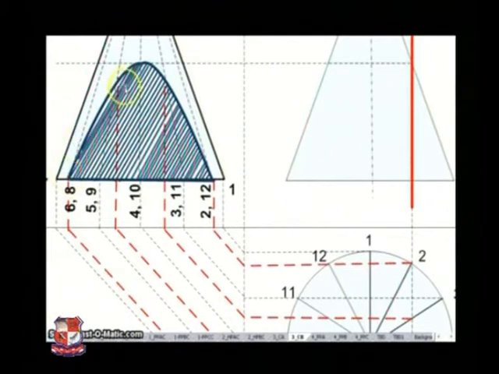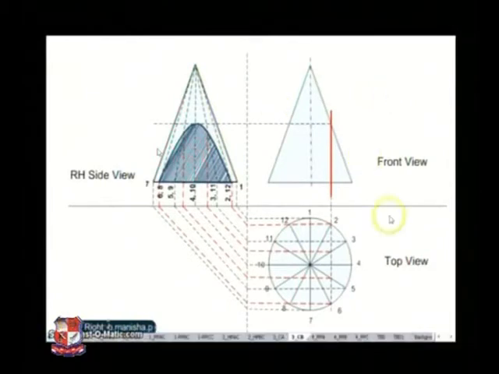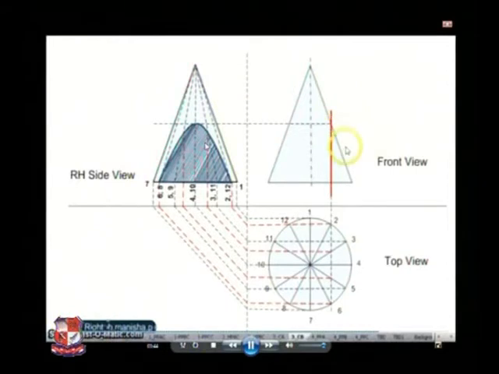Once I have these 6 points here, I just connect them, and I can fill it with this dash line to represent the cut section. So that's the completion of this exercise and this video. Again, to recap everything, we start with the plan, front view, and then side view.